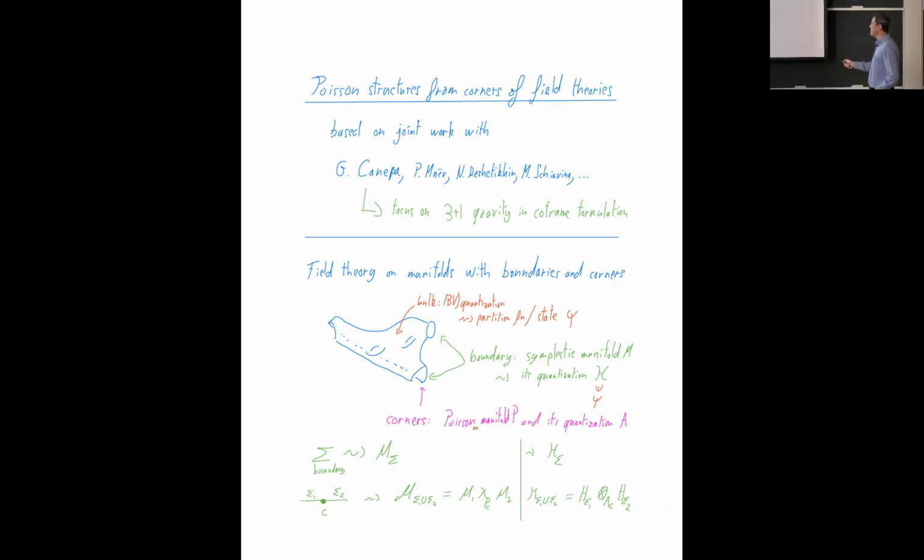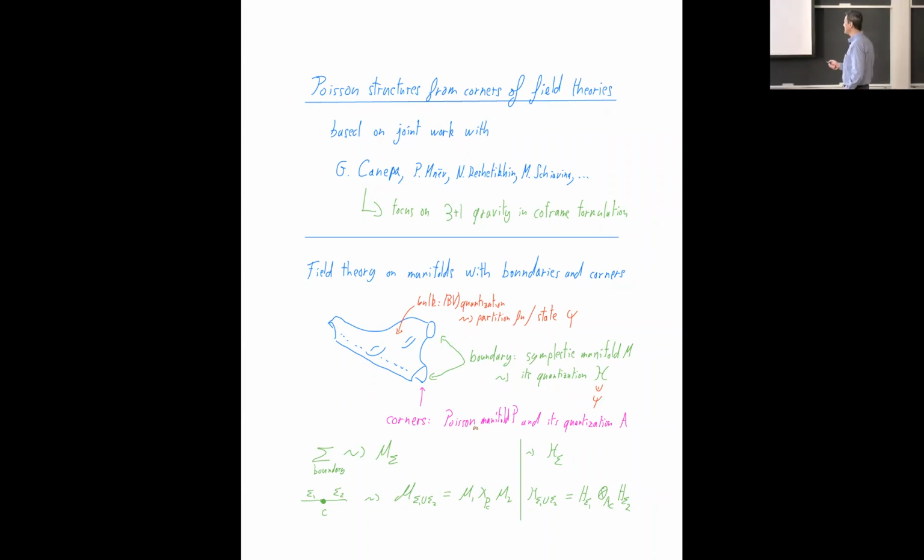So here is just a picture of the general philosophy that I will very briefly discuss, just as a motivation. The idea is to study field theory, quantum field theory, but first classical field theory, on manifolds with boundaries and also corners, and possibly also higher codimension strata.